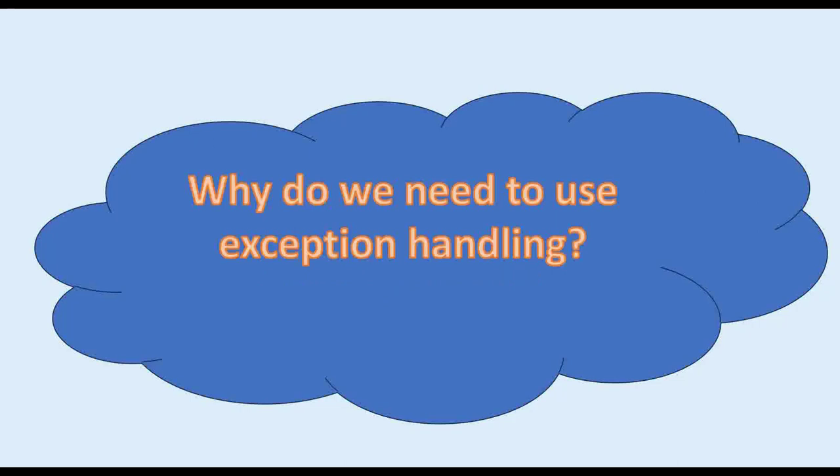Because they abruptly halt the program, so we need to take some care with the instructions and arrange them in a neat manner so that the code which causes the abrupt halt of the program can be avoided.